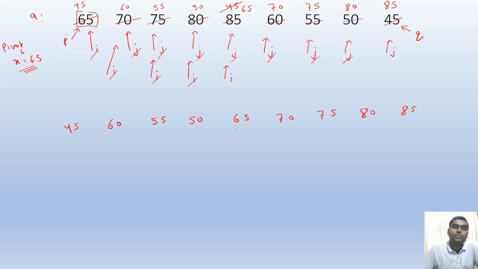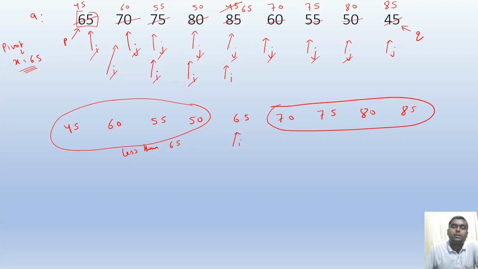So see the beauty of this algorithm. Now i is this, so we are just returning the i index. Okay, so if you observe carefully, all these elements are less than 65, and this is the beauty of this particular partition algorithm. The partition algorithm fixes the pivot element we selected at its appropriate place. Lesser values will be on one side and greater values on the other side, so these are greater than 65.